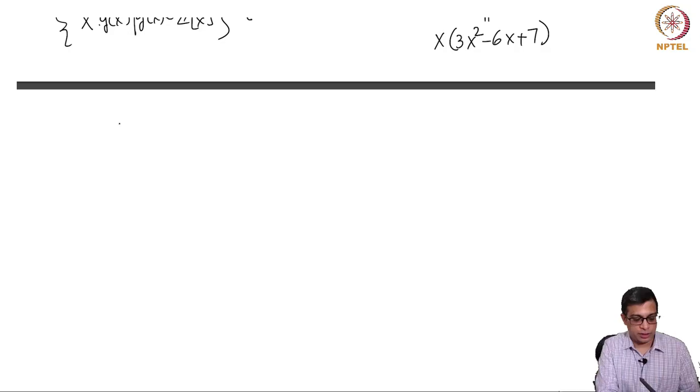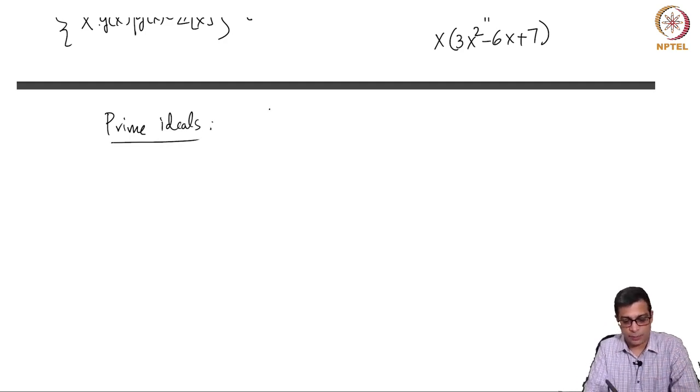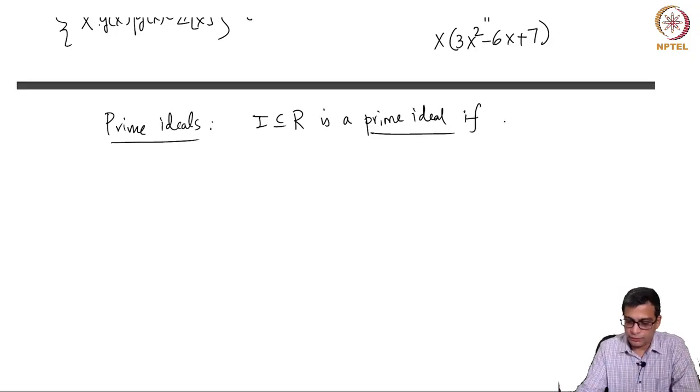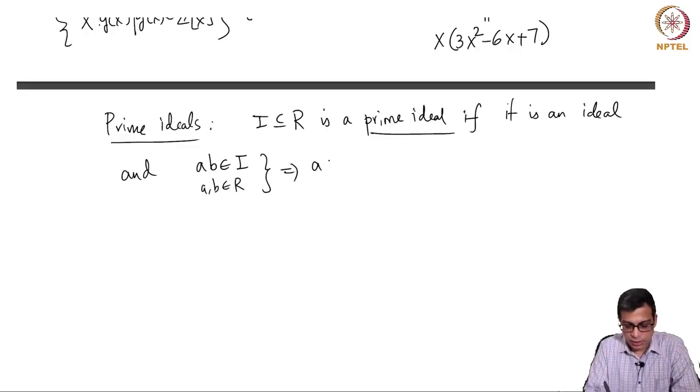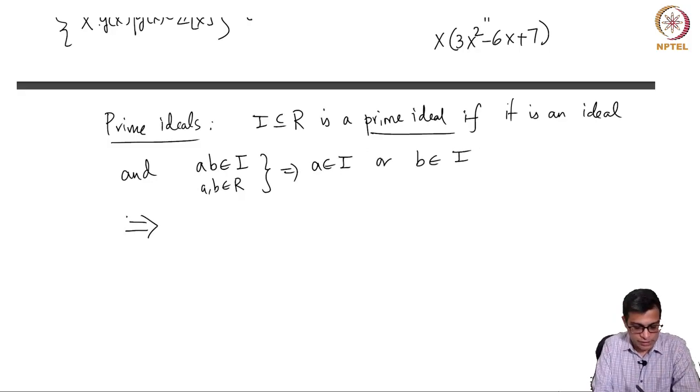And we have special classes of ideals called prime ideals and maximal ideals. So quickly recall, what is a prime ideal? So I in R is a prime ideal, or we say it is prime, if, of course, it is an ideal, and it has the property that if a, b in R and ab in I implies that a in I or b in I. Okay, so equivalently we say that R mod I is an integral domain.